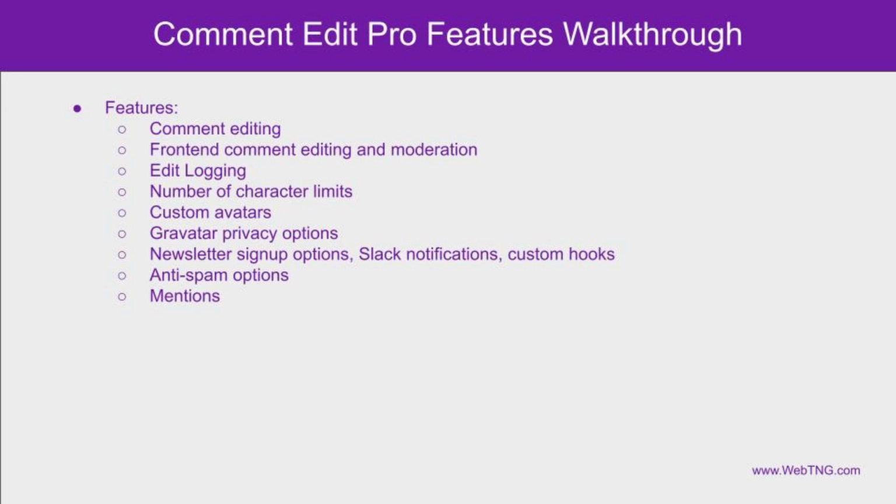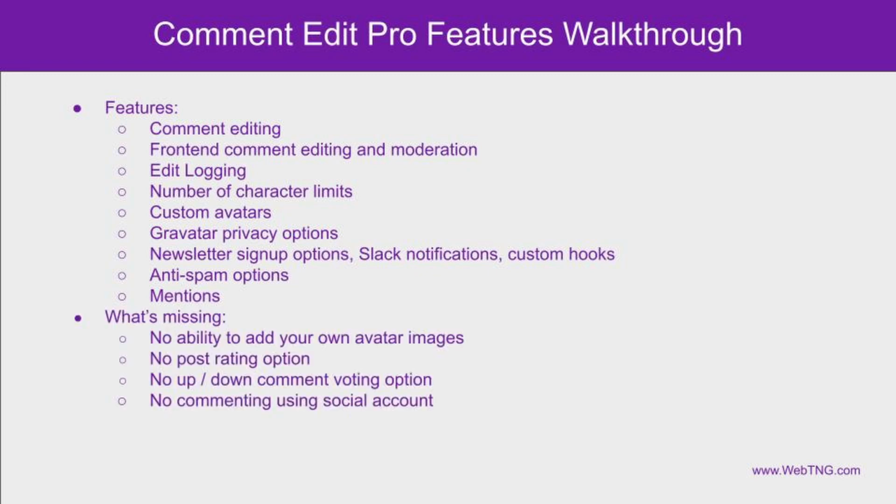It has logging of edits, character limits, custom avatars, which is another feature I like, Gravatar privacy options, newsletter sign-up, Slack notifications, and custom hooks, anti-spam options, which is a big one, and mentions, which should probably be built into WordPress core.